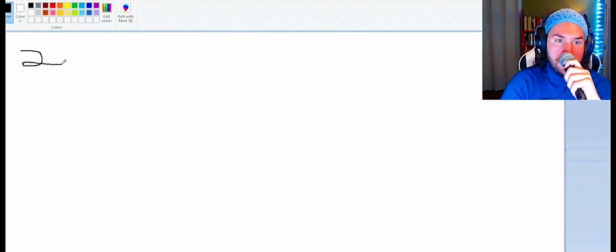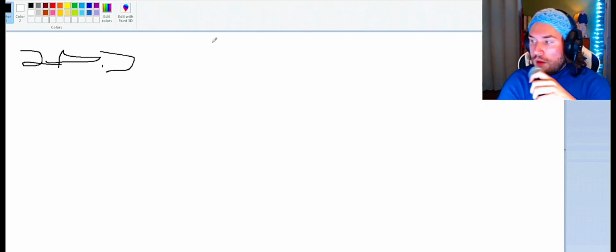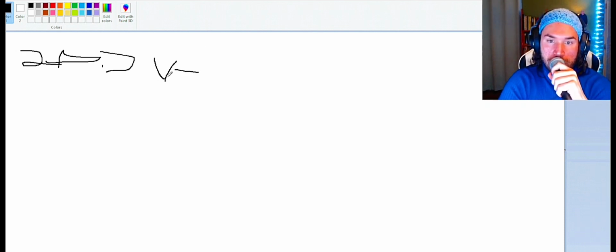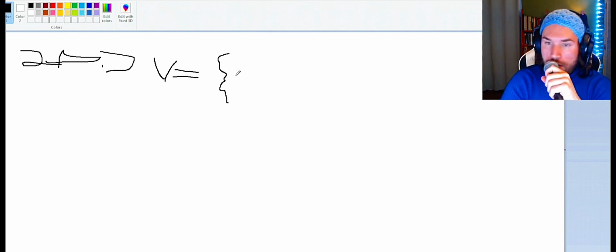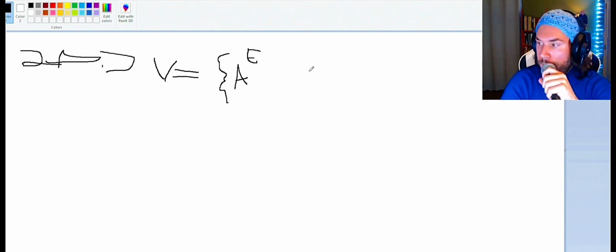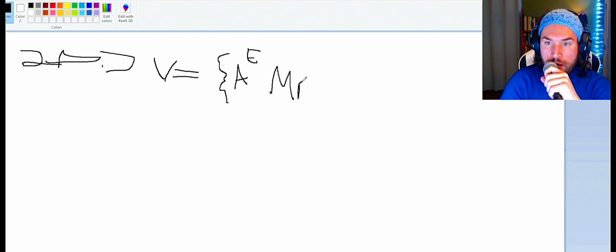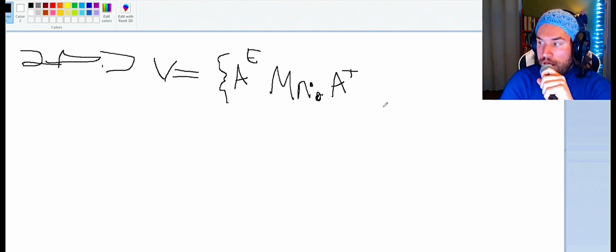So for 2A, V is the set of A in M_n such that A to the power of T equals negative A.